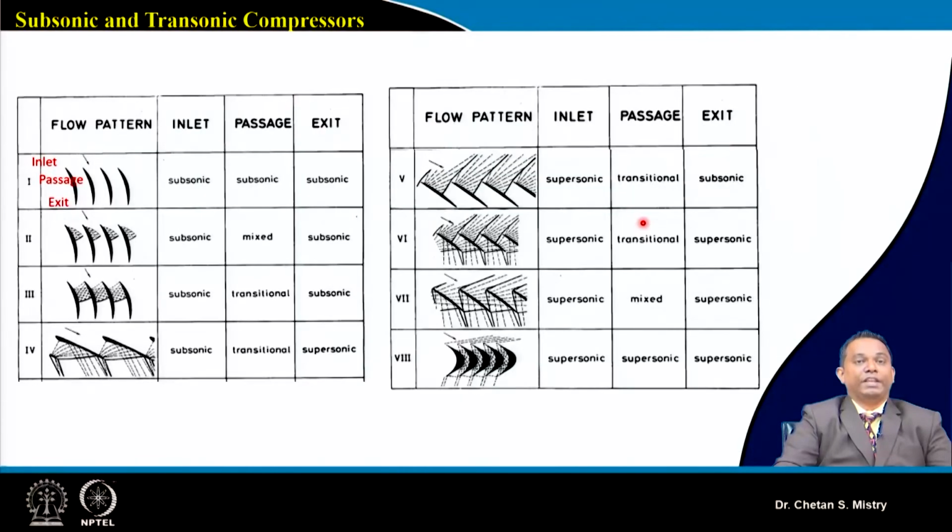Let us see. If we look at subsonic as well as transonic compressors, we have different flow patterns. Here we define an inlet, a passage between two blades or two aerofoils, and the exit.